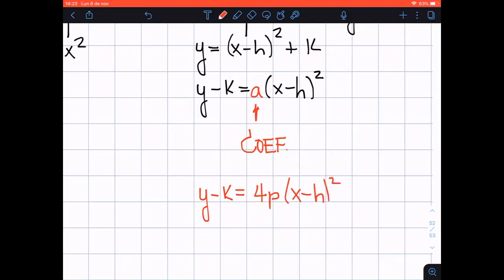Okay? This 4 times p is the coefficient. The only thing that changes here is that you've got a 4 and a p, and I will tell you in just a few moments what P means, okay?